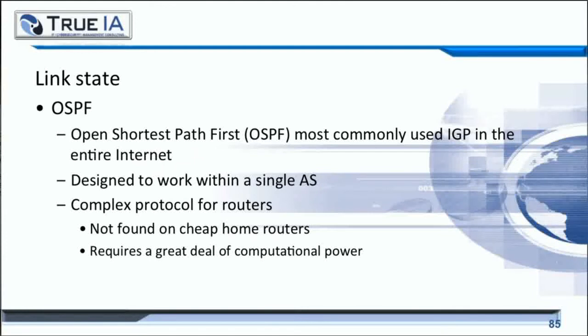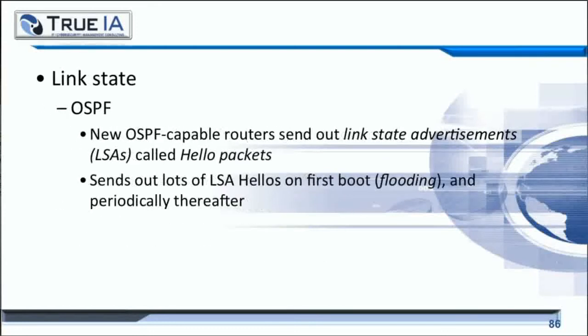OSPF, or Open Shortest Path First, is the most commonly used interior gateway protocol in the entire internet. It's designed to work within a single autonomous system. It's a fairly complex routing protocol, so you generally will only find it on commercial grade routers, not necessarily in the less expensive home routers.